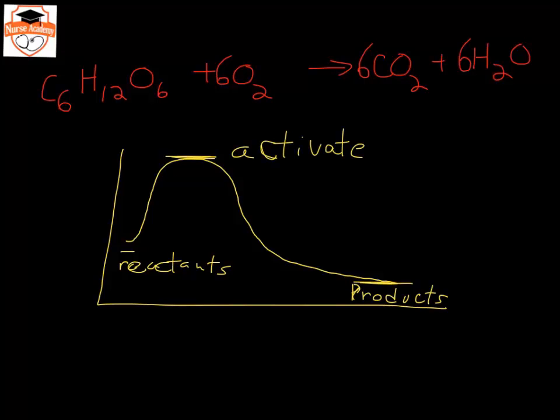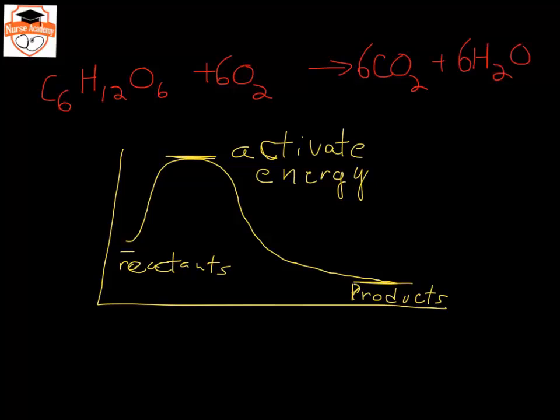And this top one would be the amount of energy that is required to activate the reaction, or the activation energy. So if we were talking about doing a combustion reaction, this would be the energy provided by the match or whatever heating implement that we used to heat the glucose and oxygen together to get them to collide with sufficient energy to have the chemical reaction occur.